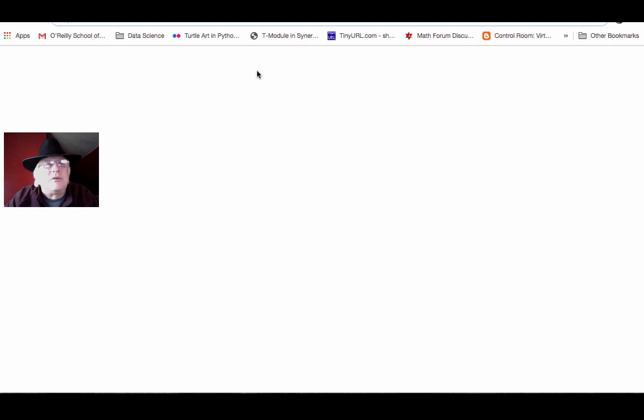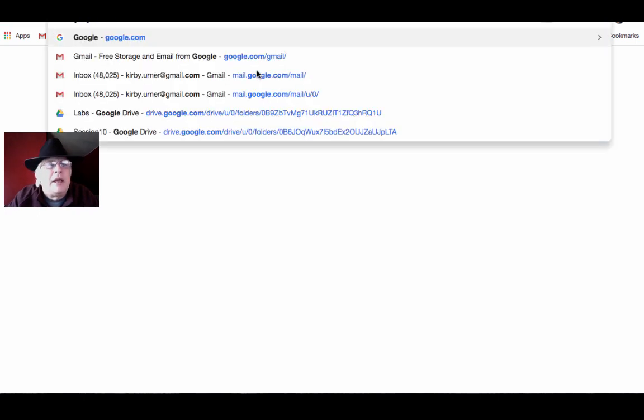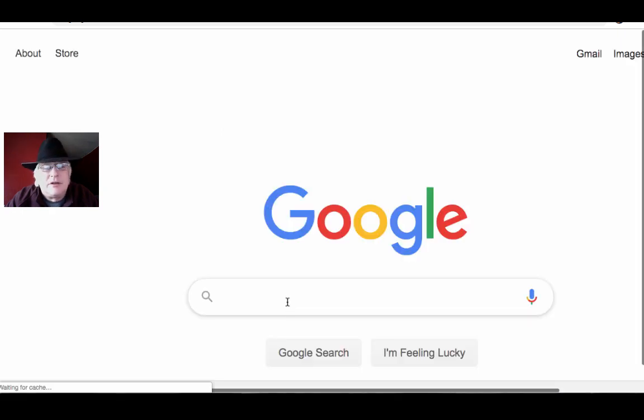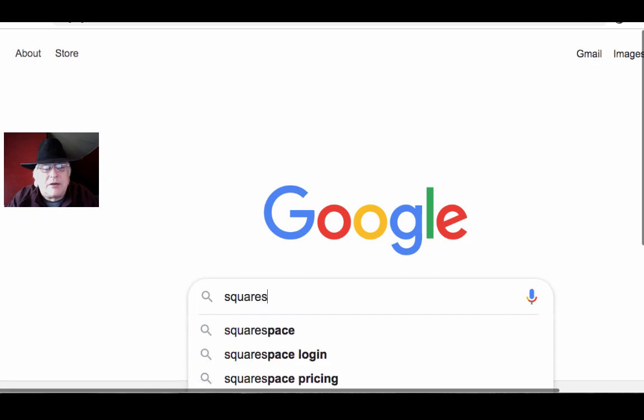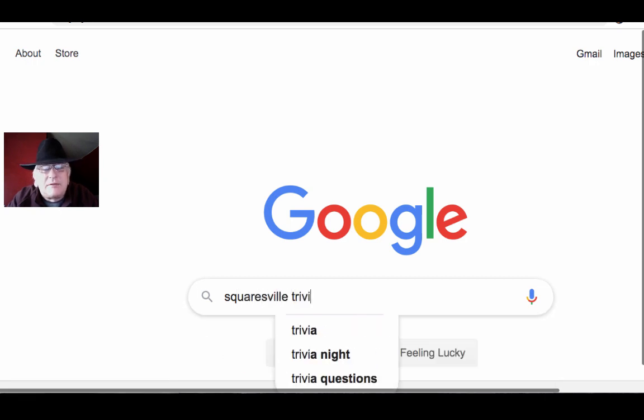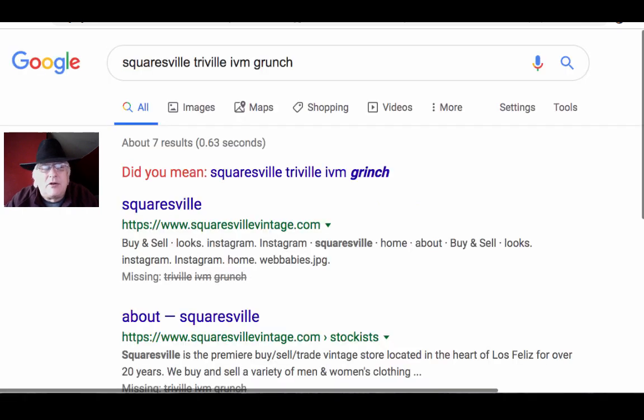Let's go to Google and type in Squaresville, Triville, IVM, and see if that takes us there. Squaresville, that's like ordinary math. Actually, no, that's a kind of way of looking at the FCC or the CCP. IVM, Grunch. Okay, Google, do your thing.